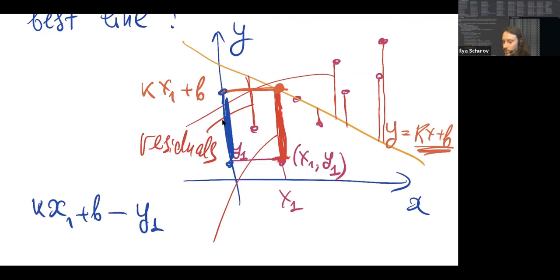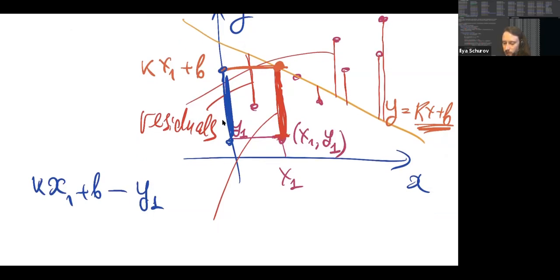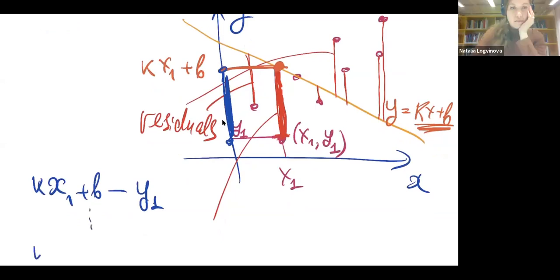And of course, we can do the same thing with any other point. So we can find the residual at each point. And what do you think we want to do now? We have these residuals.